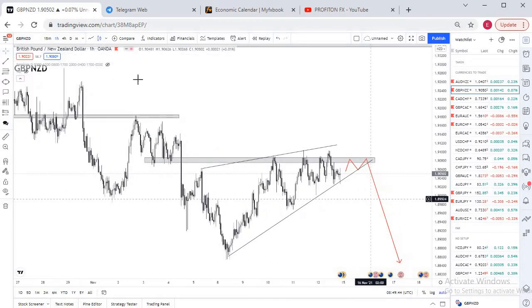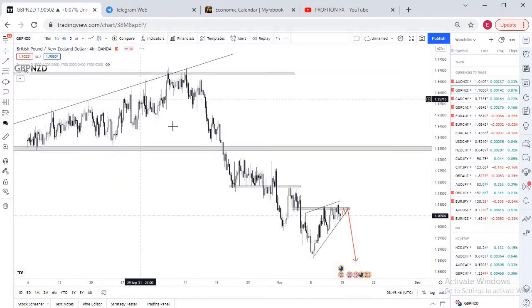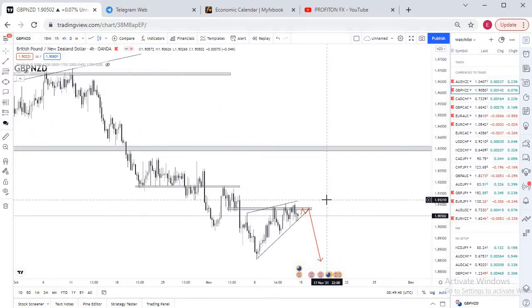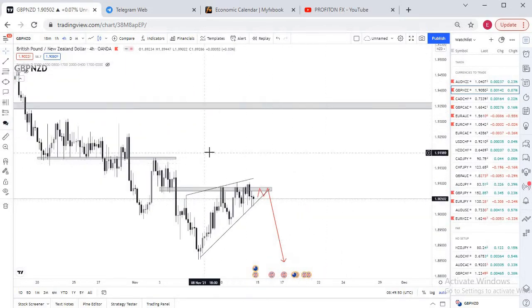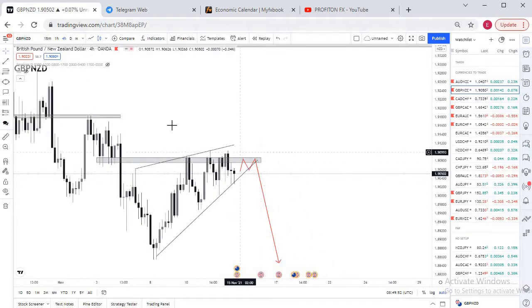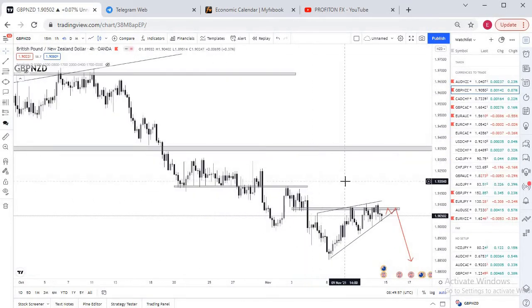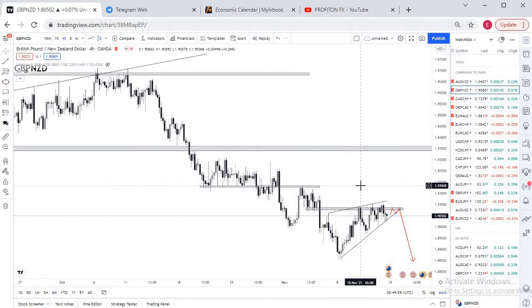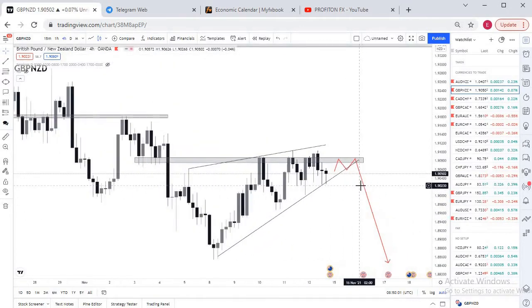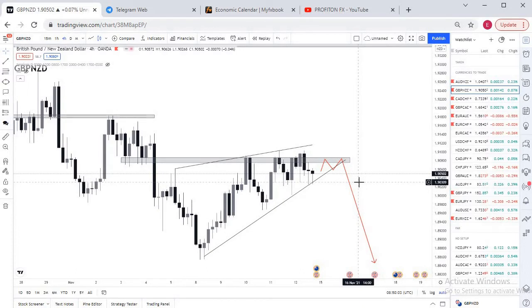So this setup on the 4-hour seems to be already playing out, though sometimes as a trader you have to listen to your intuition. So this setup has already set up.